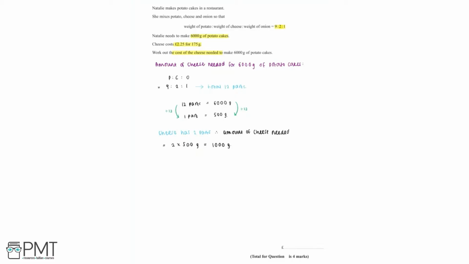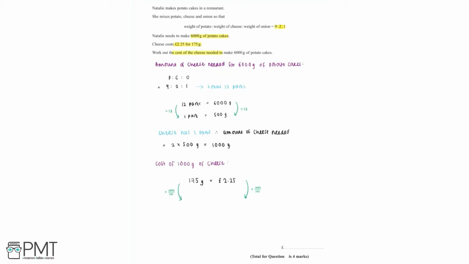But now we need to find the cost of the cheese needed to make 6000 grams of potato cakes, and so we need to find the cost of 1000 grams of cheese. We know that 175 grams costs £2.25. And so in order to find the cost of 1000 grams of cheese, we can multiply both sides by the fraction 1000 over 175.